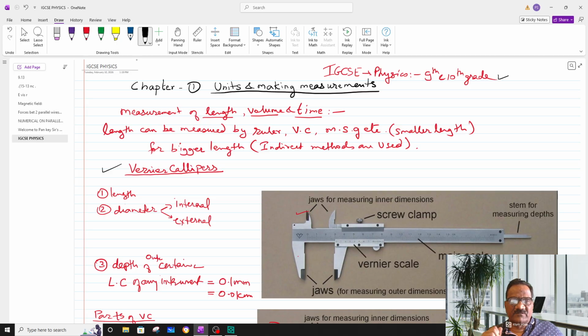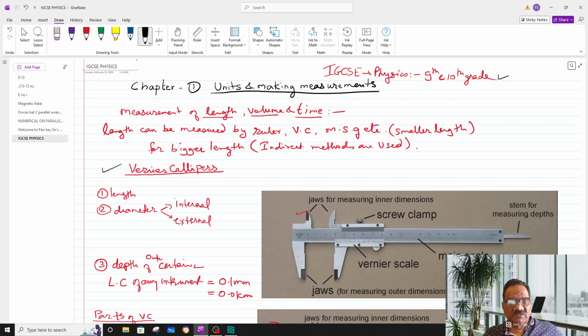This vernier caliper can measure, number one, the length of certain objects. Whatever length of an object you want to measure, you have to place it between these two jaws, and you can measure the length. You can also measure the external as well as the internal diameters. If you have a ring-type object, it has an outer diameter as well as an inner diameter, right?